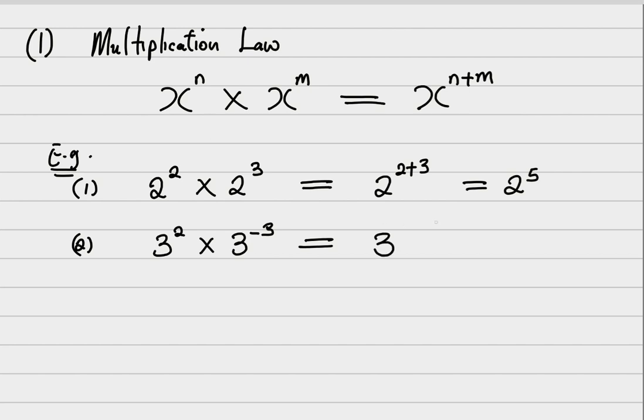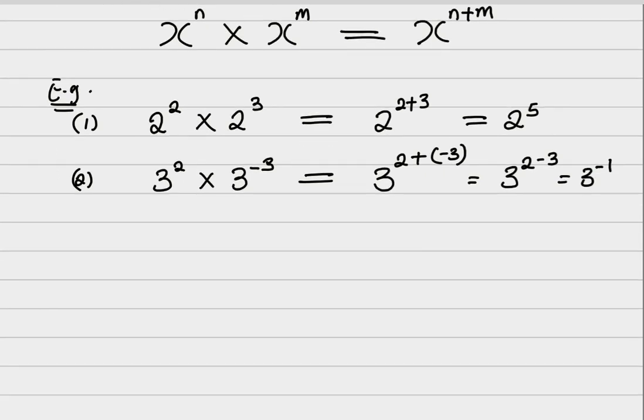Then we are going to have 2 plus, because it is multiplication, that is why you are adding the powers. But the power for the second index number is minus 3, so we are going to have 3 raised to power 2 minus 3, and the answer is going to be 3 raised to power minus 1. So we are done on that note. Now, another thing that I want you to take note of is this, from this third question.